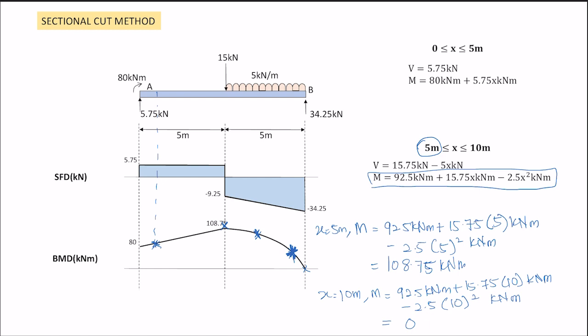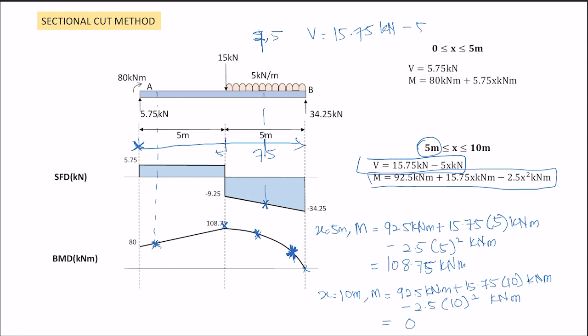And the same goes for the shear force. If you want to find what it actually is in the middle here, you just take this value: V equals 15.75 kilonewton. For example, you want x to be 7.5, because we take from the edge to here. So if this is 5 meter, this is 7.5 meter at the center, right?